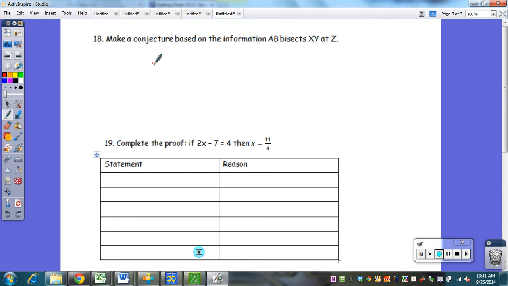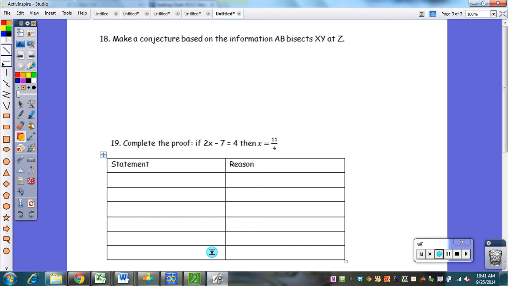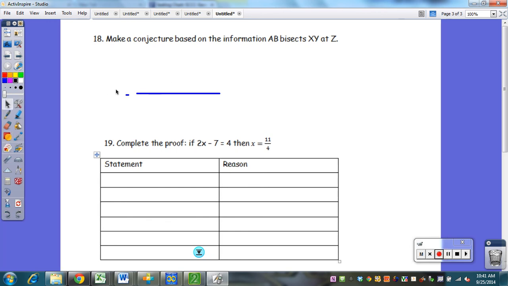Make a conjecture based on the information. I have a line here. I'll make these a little bit straighter. So we have a line. We're going to call this line right here XY. All right?